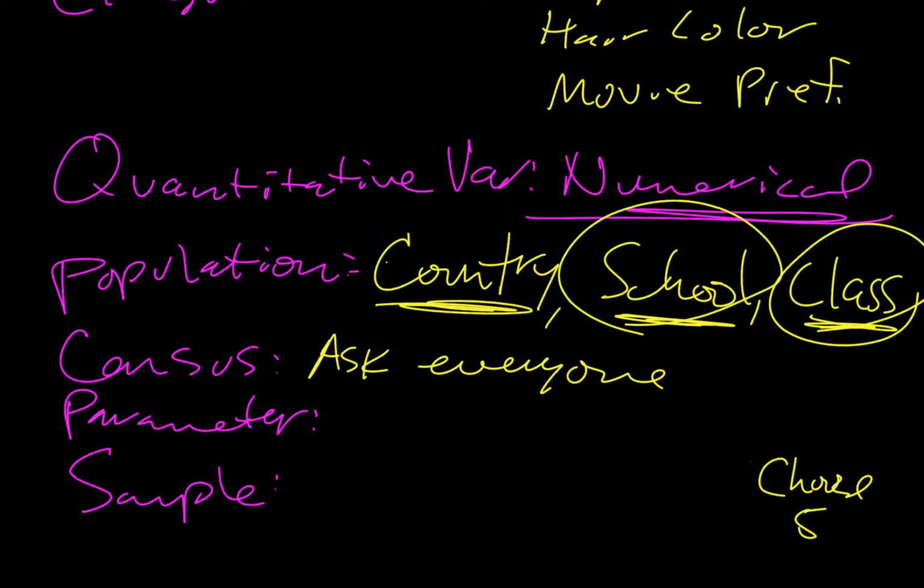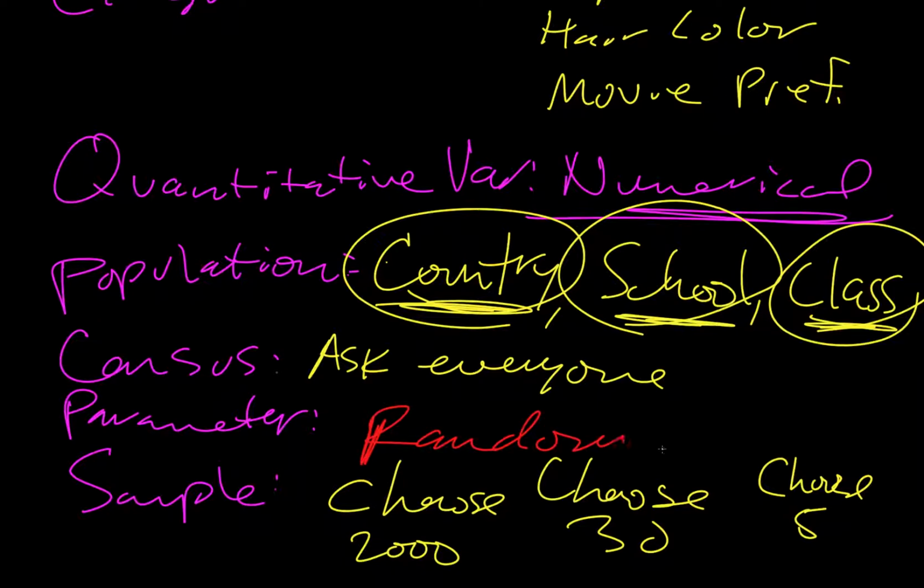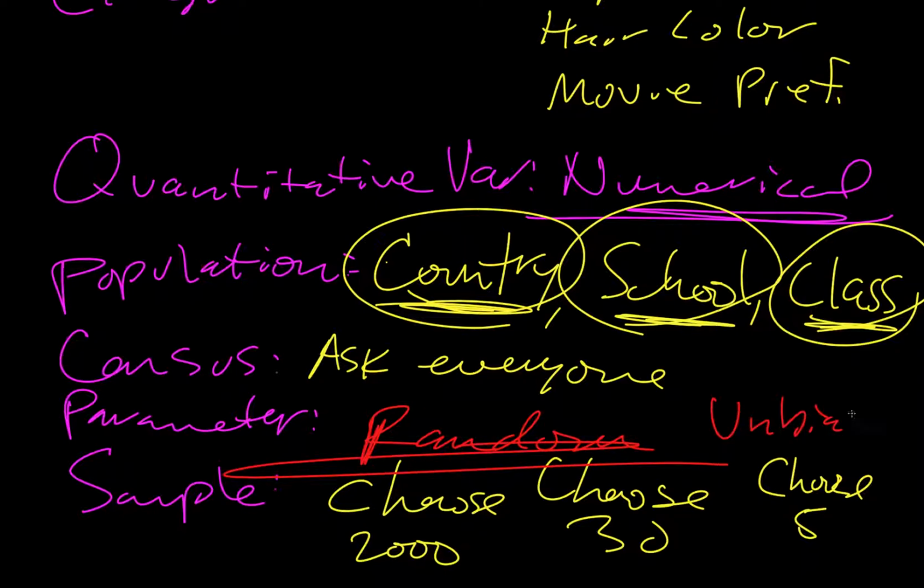If it's the school, maybe we'll choose 30. If it's the country, we should choose 2,000 or something. We're just going to choose a portion of that, but the important thing is that we make it random and unbiased. And that's the real trick to getting a good sample.